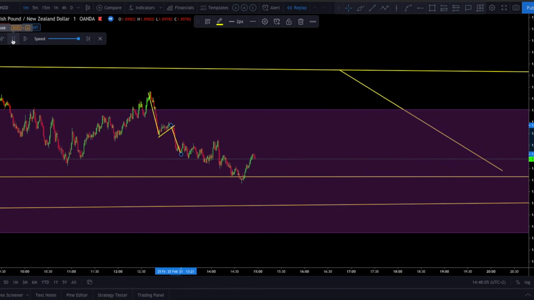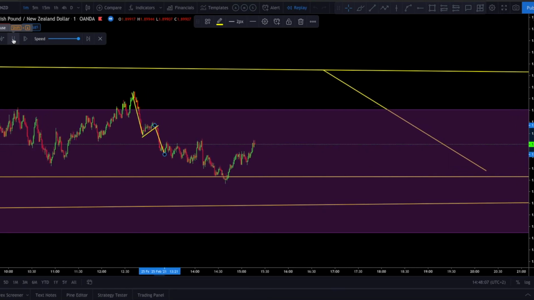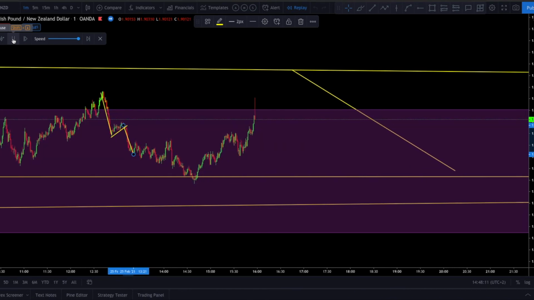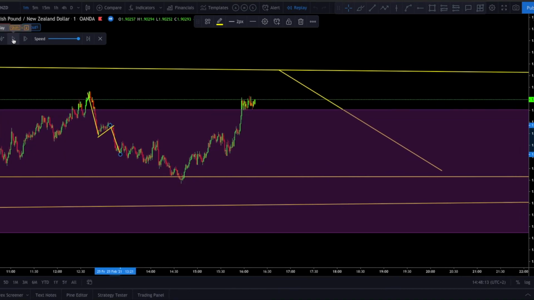So we leave it like this. It goes up, it goes up, it gives a correction. You see the spike? Sorry, not this one. Let me delete this one.